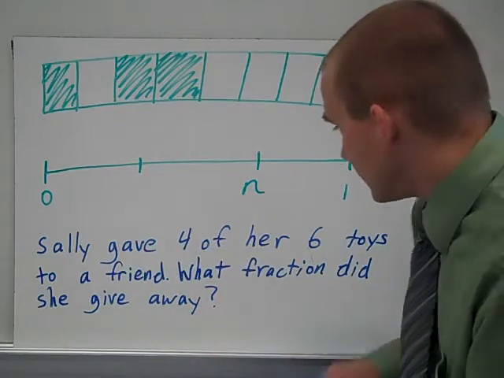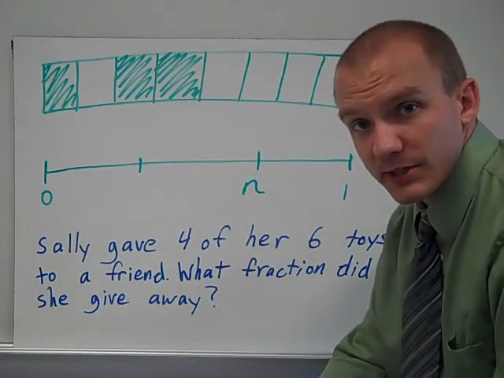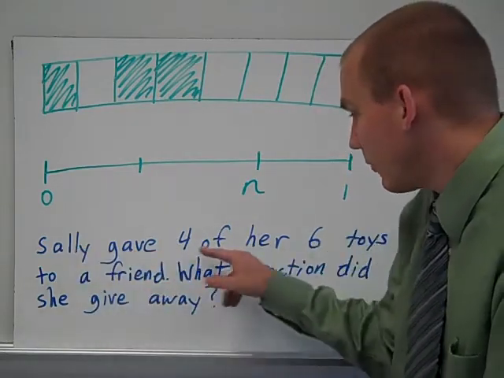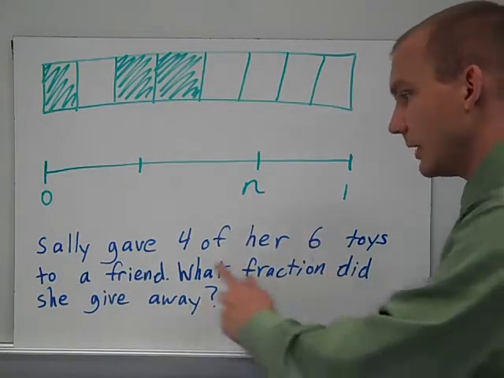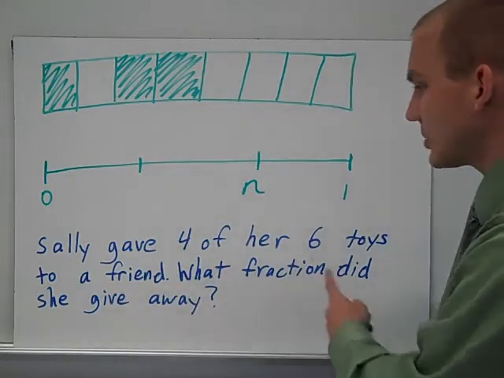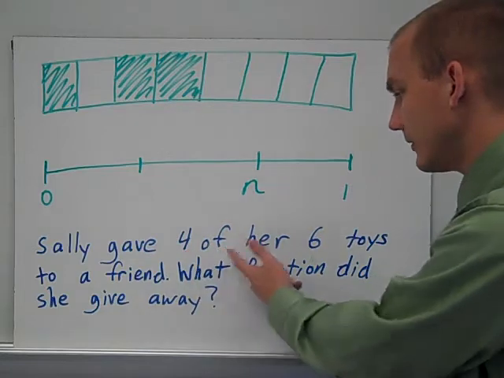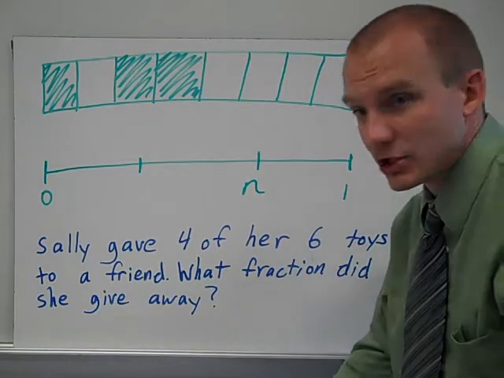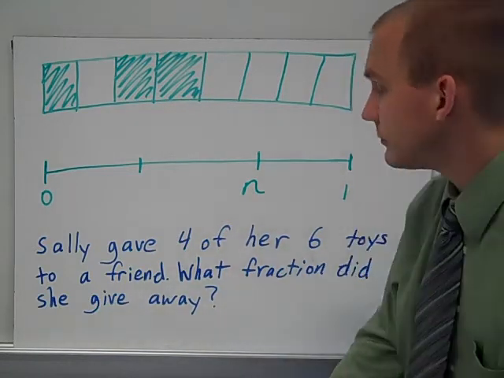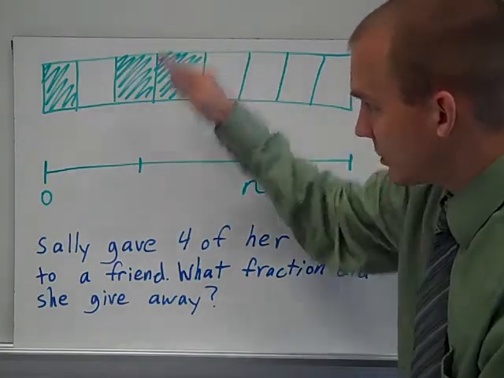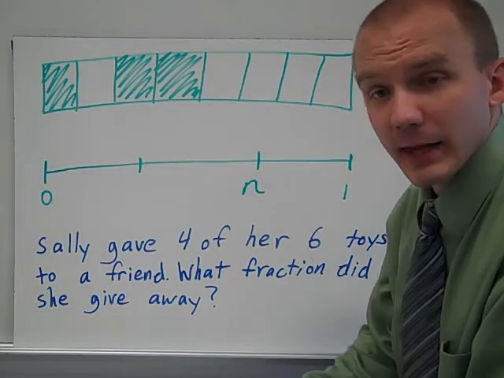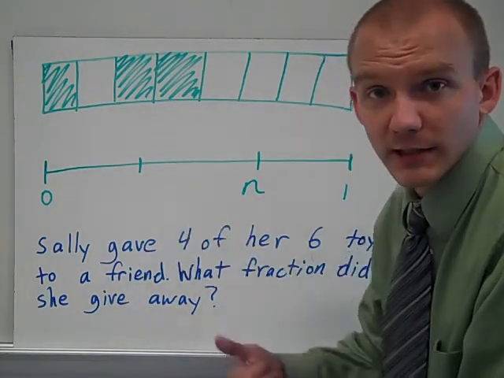And then finally, here's a situation. Sally gave 4 of her 6 toys to a friend. What fraction did she give away? So 4 out of 6 toys. What fraction did she give away? Pause the video, solve all 3 of these, then hit play and check to see if you're right when I discuss them.